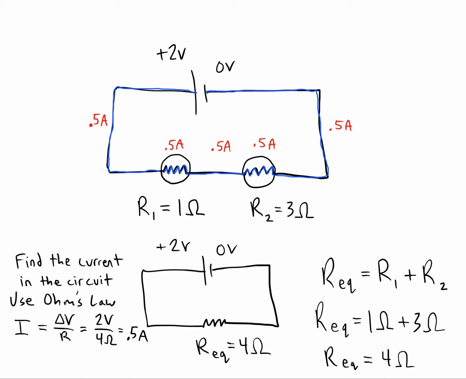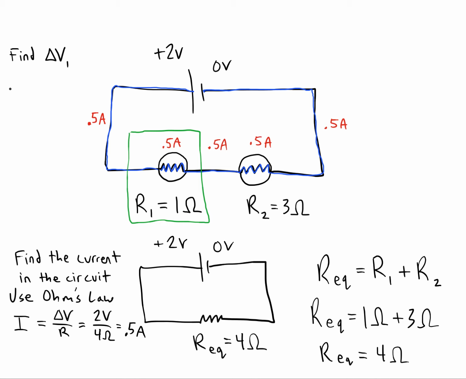And we can use that now, just like we did with capacitors, and we'll focus in on one circuit element at a time, and we're going to use Ohm's law on just that element now. So find delta V1 by plugging in delta V1 equals I1 times R1. Okay.